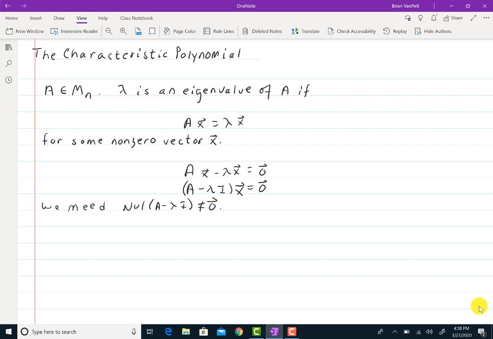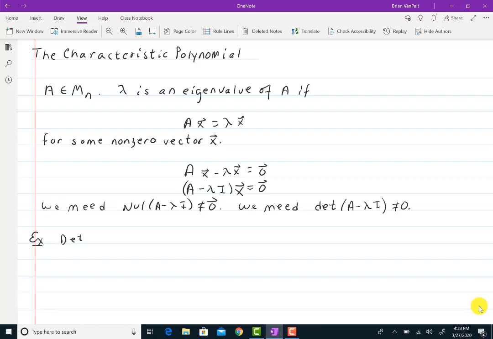So with that in mind, we need the determinant of A minus lambda I to not equal zero, because we don't want it to be invertible is exactly what we're looking for. So I'll show you how we apply this.